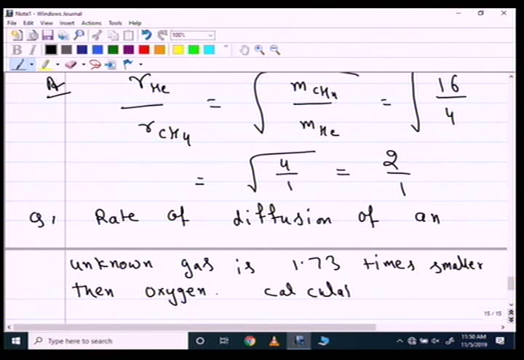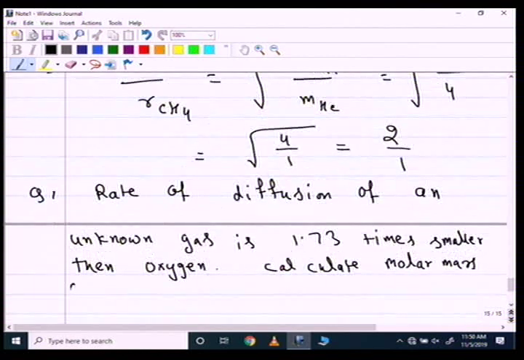Calculate molar mass of unknown gas. Tell me this time, what could be the answer for this one?